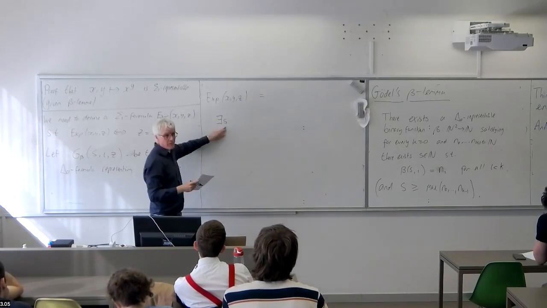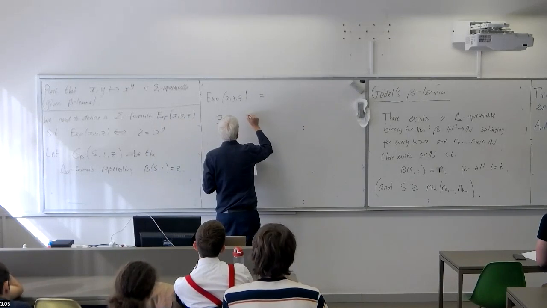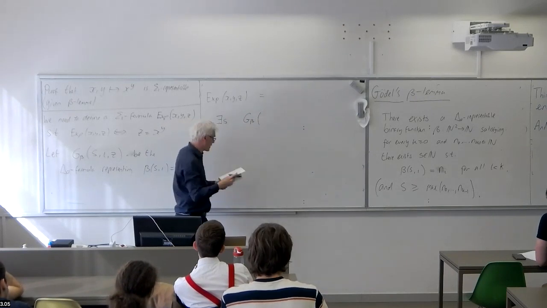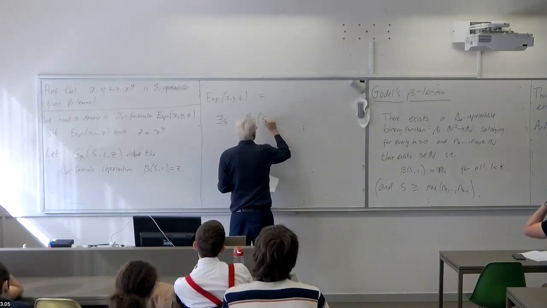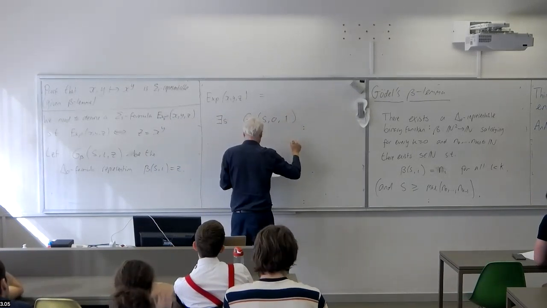So there exists a number which is going to be encoding a sequence such that when we use the delta 0 formula for extracting the element of the sequence, and we extract the 0 index element from the sequence, we have 1.